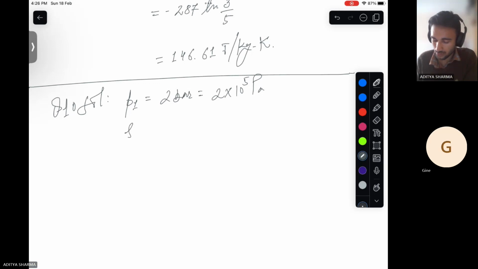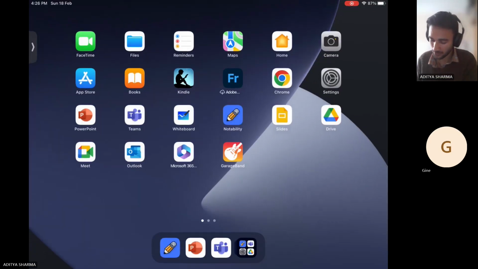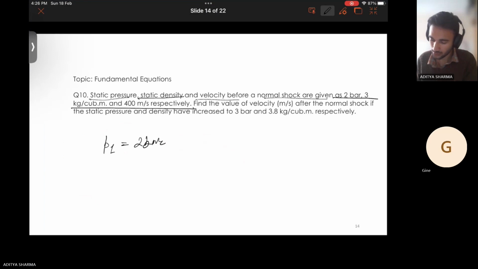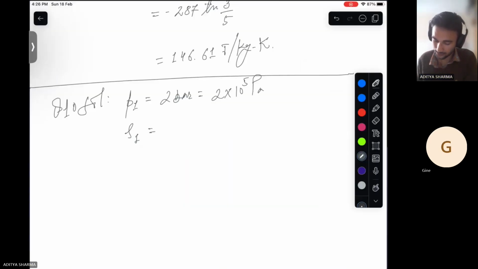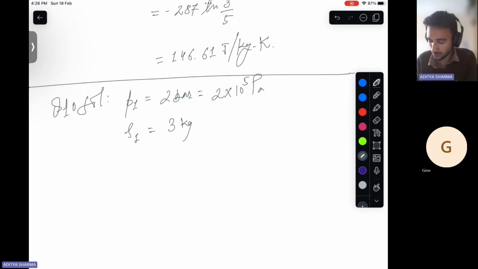And then rho 1 is given as 3 kg per meter cube, and U1 is 400 meter per second.